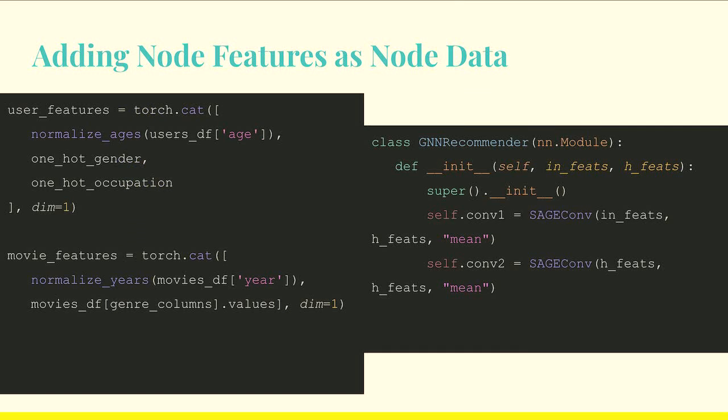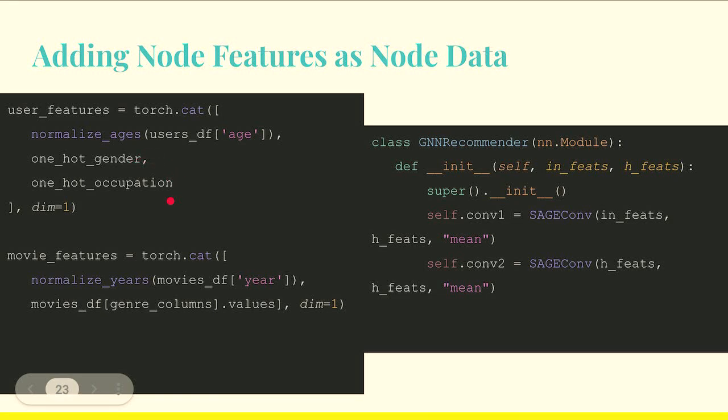But so far, we've talked about learning from the graph. It has nodes and it has edges, but we're still learning only from the topology. We still haven't added any user or movie features. So let's say you have a user and we have their age, we have their gender, occupation, and so on.